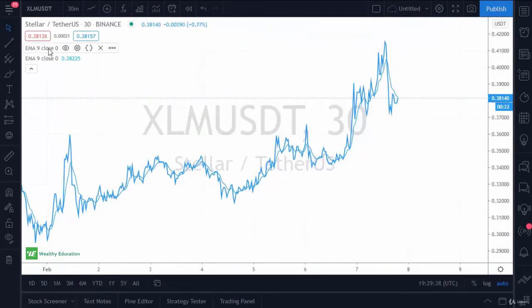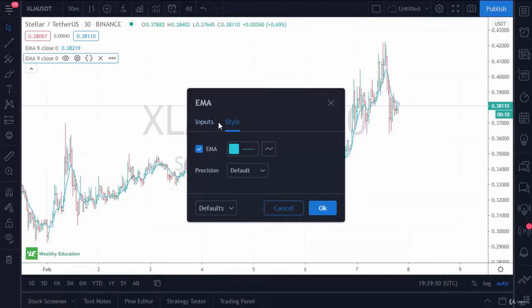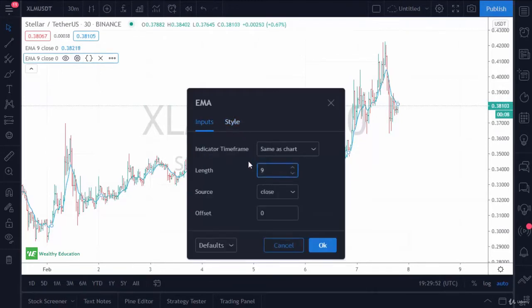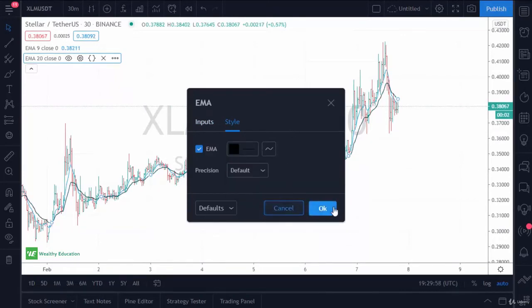And you can see over here it listed, and then there are some lines. So I'm going to change the price to bars just so you can see. By default, it'll be 9, so we'll leave that there. But this one will change to 20. Maybe we'll make it black or something that makes it a little bit easier to see.